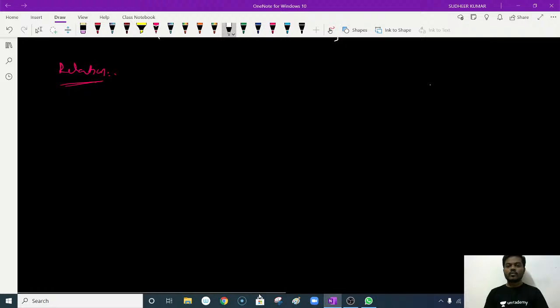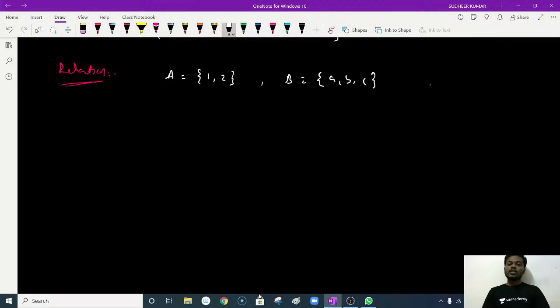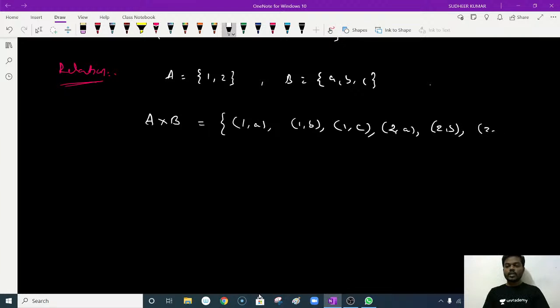Let us take set A as 1, 2, and set B as a, b, c. Then the Cartesian product of sets A and B is represented by A cross B, the set of all possible ordered pairs from A to B: 1a, 1b, 1c, 2a, 2b, and 2c. Ordered pairs in a set, if we write them, then this is said to be the Cartesian product of sets A and B.